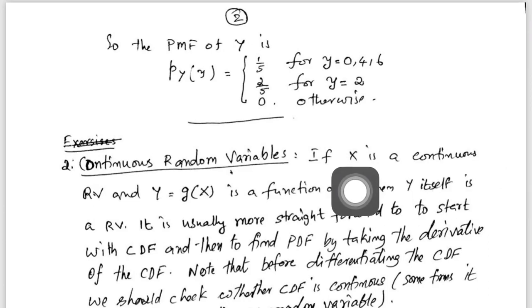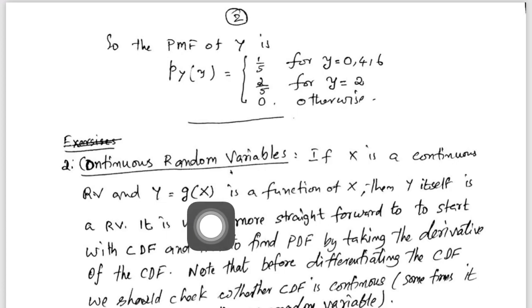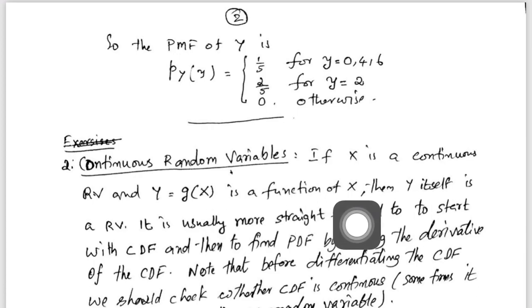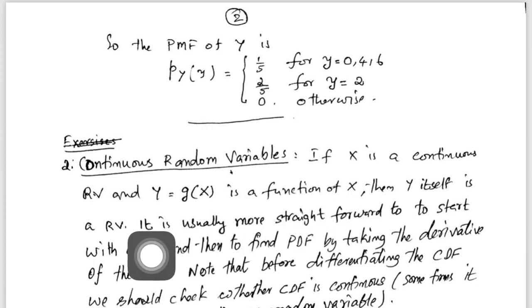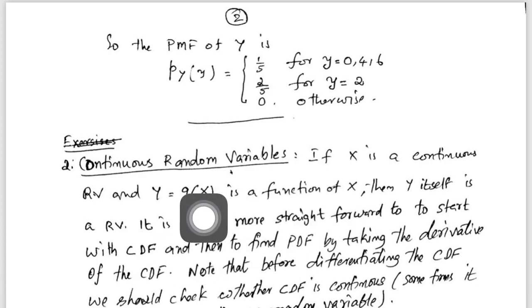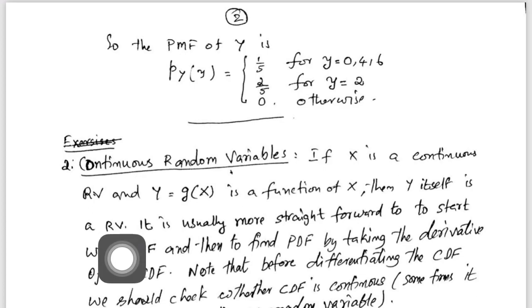You see here, if x is a continuous random variable, y is equal to g of x, which is a function of x, and y is a random variable. As in the case of a discrete random variable, here also any real function is a random variable.